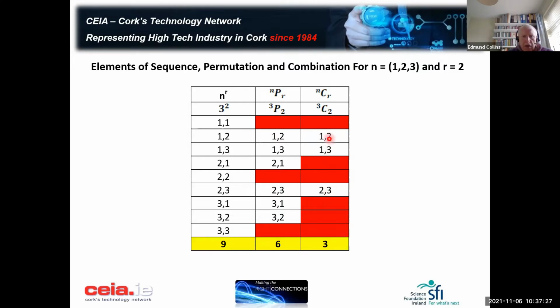So in this case, we've only 3 options. So it's an interesting summary here, because it does show that in the case of sequence, you have a lot more results than you would have in the case of permutation, than you would have in the case of a combination. But really, back to the point again, you're going to have always fewer combinations than permutations.